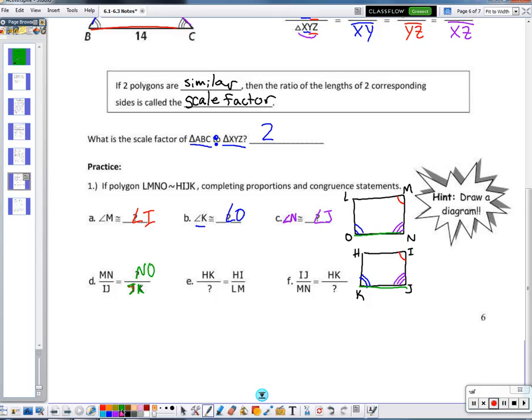HK. Here is H and K on the outside. HK matches with L and O. Okay? So looking at the picture or the similarity statement gets you the same result. HK would also match with LO, and that would be it. Drawing a picture or looking at the similarity statement, you get the same thing.